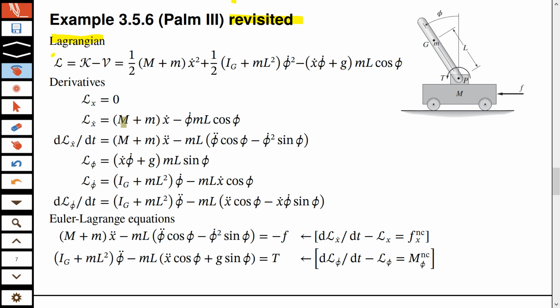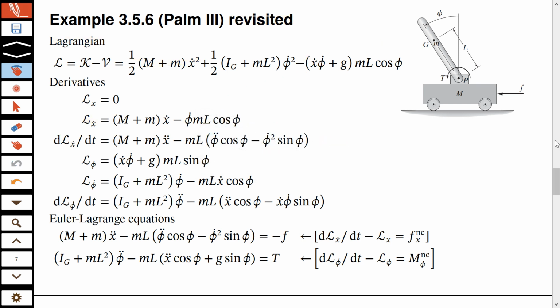Then we differentiate with respect to x dot, and you see x dot here, and here, so these two give you this derivative, and then you differentiate this with respect to time. Use your usual calculus. So this is your derivative with respect to time of L x dot.